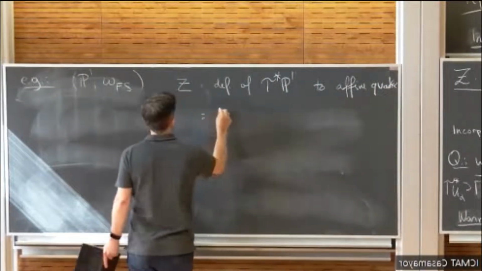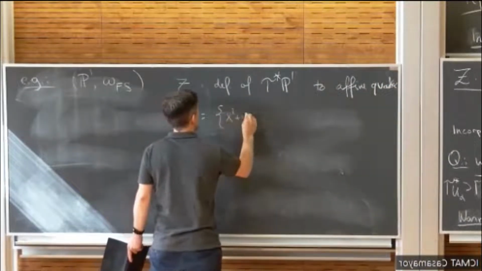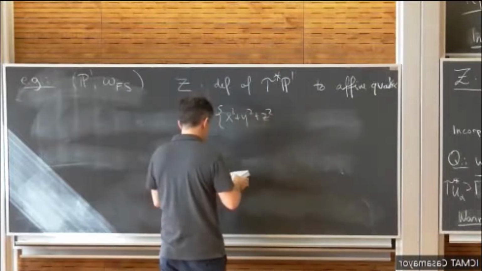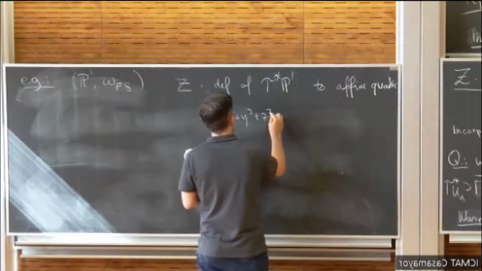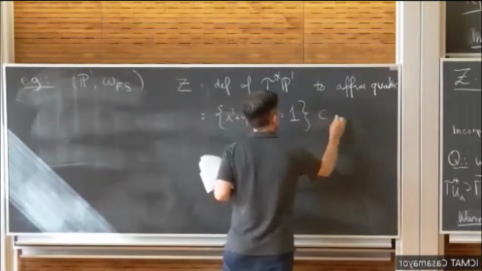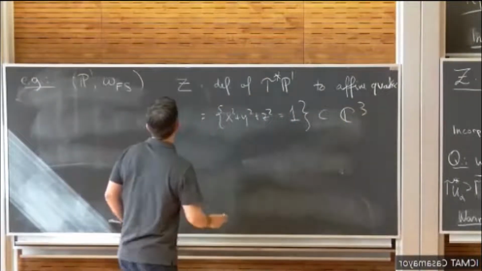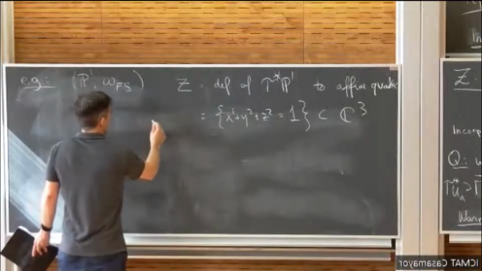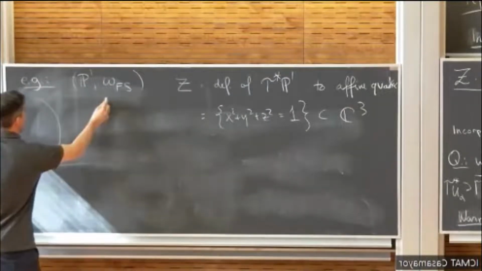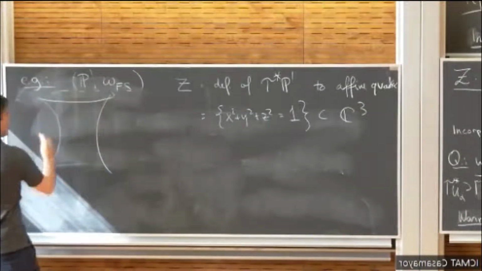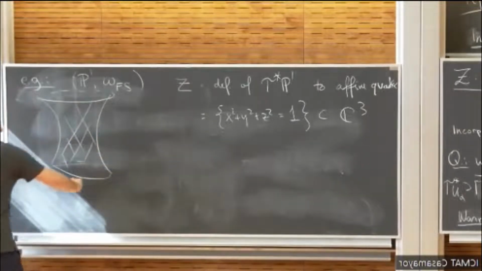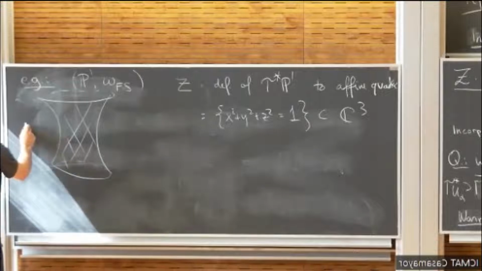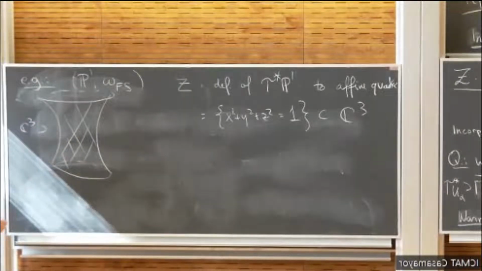The quadric is x squared plus y squared plus z squared equal to 1 inside C3. So we have an affine algebraic variety, a quadric hypersurface, inside C3.